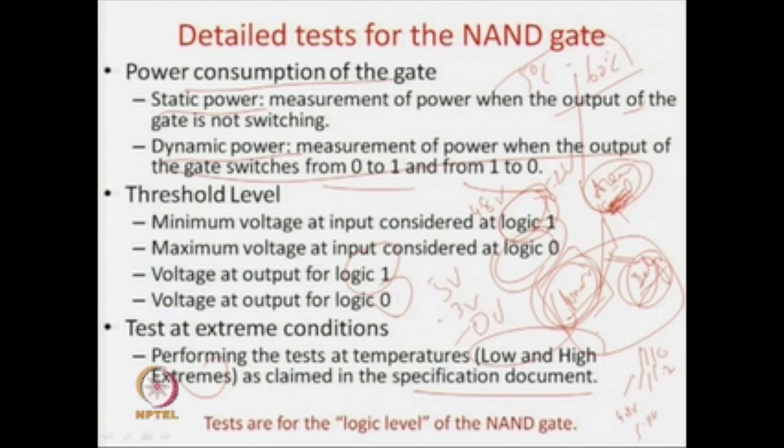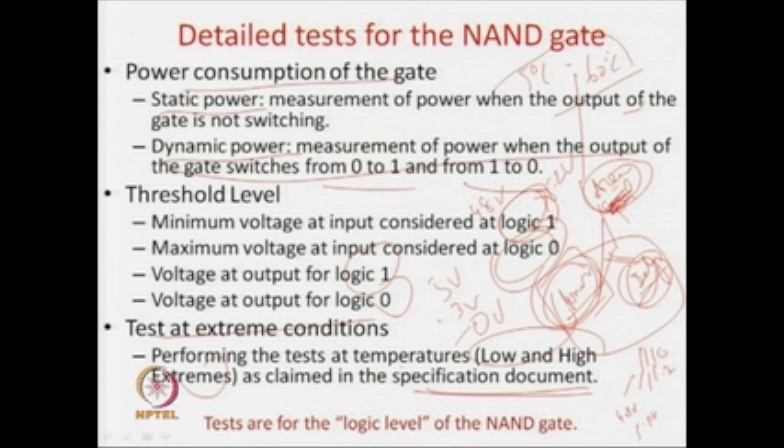All the tests we have done have to be verified at these extreme test conditions, and only then can we say that your NAND gate is satisfying all the conditions required in the specification document, and will operate functionally correctly with all the test parameters like power consumption, threshold, delay, etc. within so and so degree of temperature and so much pressure.